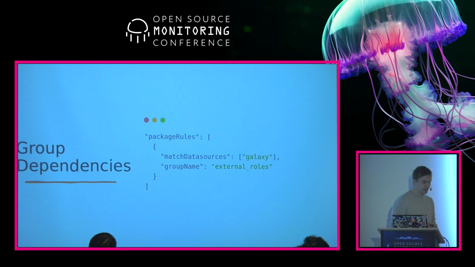What this does is it basically creates only one merge request with all the updates for all your roles instead of multiple updates with one for each dependency. So instead of working with multiple dozens of merge requests, you just have one, can check this, and then update all your dependencies at once. So that's a really nice feature.